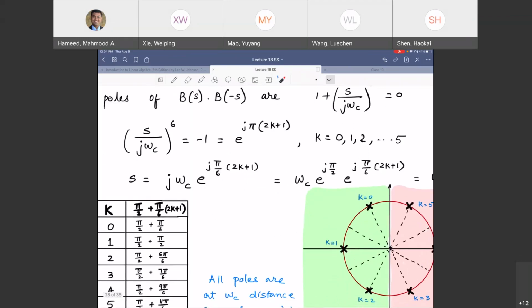So how can I write s? Well, you can just bring this out over here, take the 6th root on both sides, and you get j omega c e to the j pi divided by 6, (2k plus 1). So instead of being odd multiples of pi, because you took the 6th root on both sides, this became odd multiples of pi over 6.